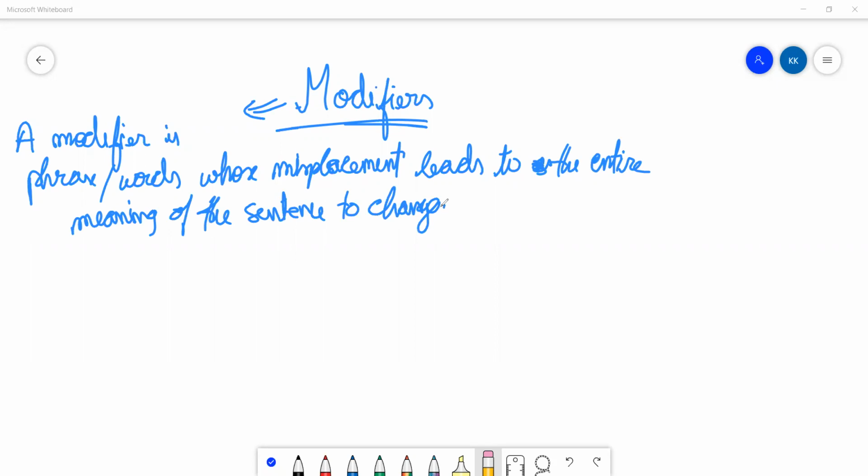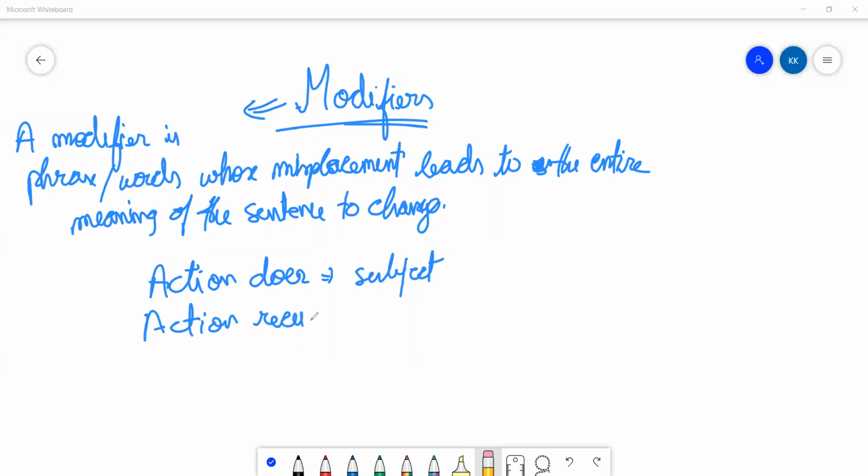So what exactly happens with modifiers is, when you read the sentence, it seems very much correct. But the problem is the action. In a sentence there is always an action doer, that is your subject of the sentence, and then there is the action receiver. There is no rule that there should be only one action doer and one action receiver in a sentence.